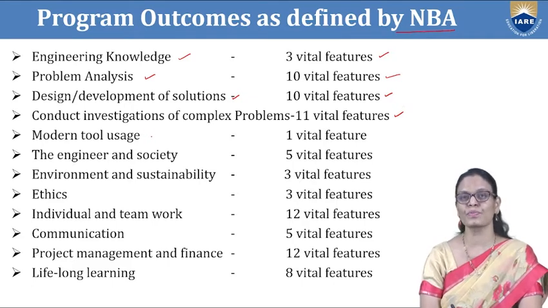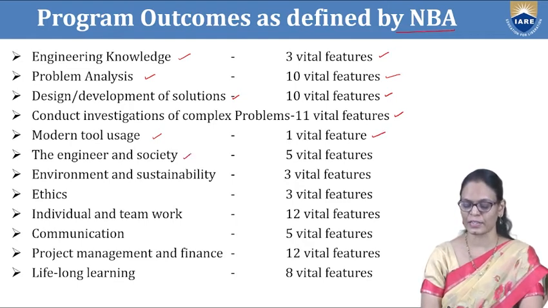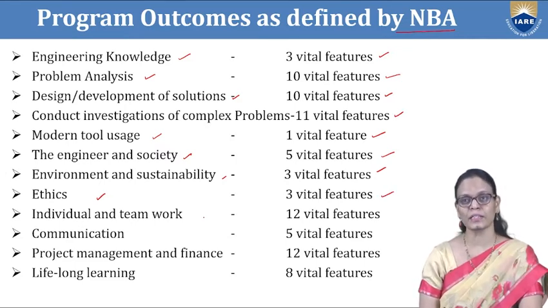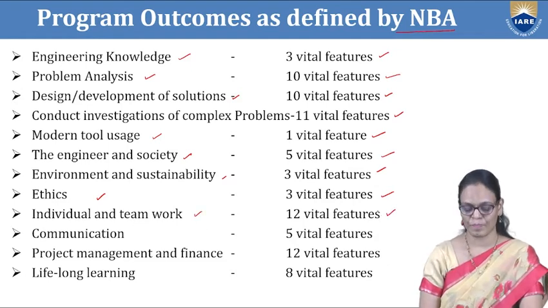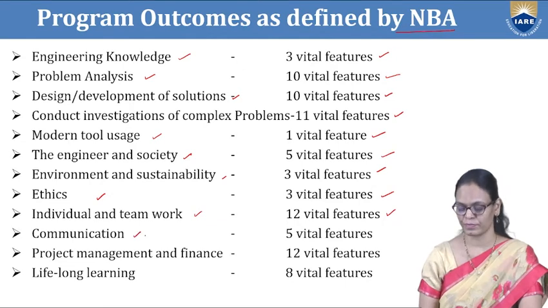Then modern tool usage is the fifth PO, 1 vital feature. And engineer and society, 5 vital features. Environment and sustainability, 3 vital features. Ethics, 3 vital features. And individual and teamwork also is incorporated here, 12 vital features. And communication, 5. Project management and finance, 12 features. Lifelong learning, 8 vital features.